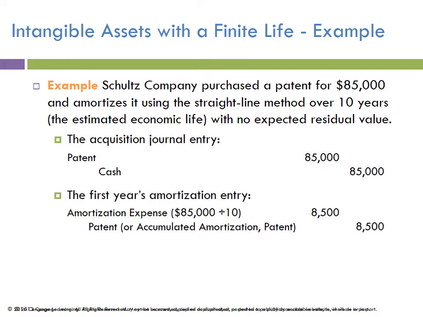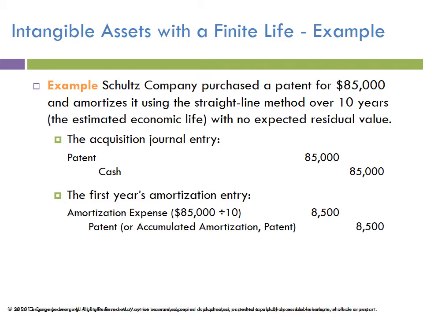First year's amortization, assuming they buy it as of the beginning of the year, would be $85,000 divided by 10 years, or $8,500. You have a choice when recording amortization expense. You will definitely debit amortization expense for the $8,500, but you have a choice with what you credit.